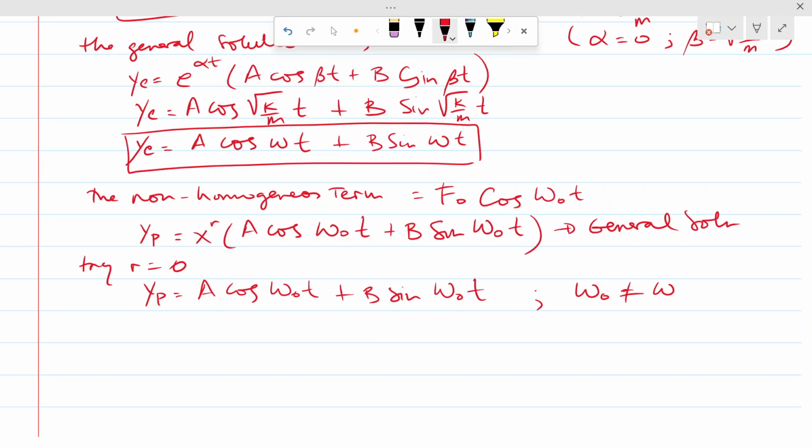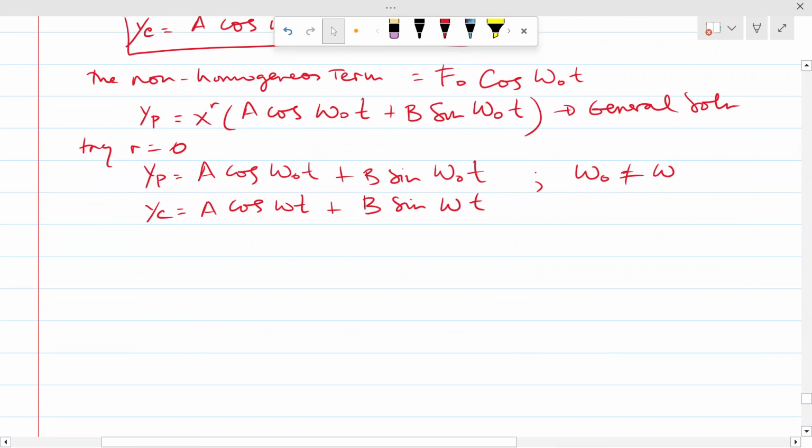So if we compare yp with yc, which was a cos wt plus b sin wt, this is considered independent or not the same, because w naught and w are different. Therefore we can proceed with the particular solution.